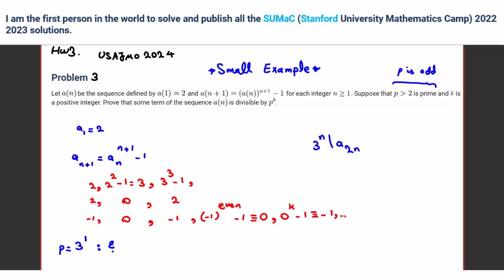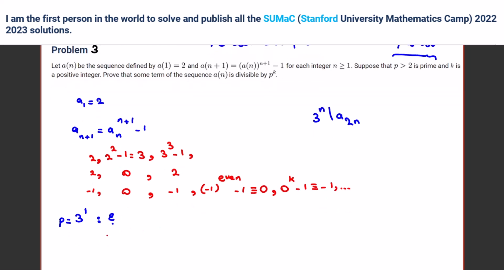So then what? I said, if we go by this, a of 2 is 0 mod 3.